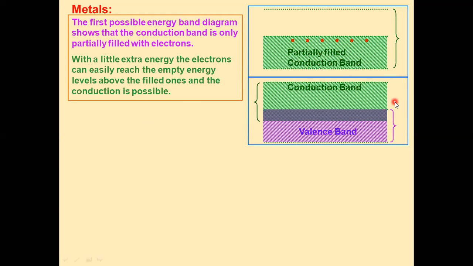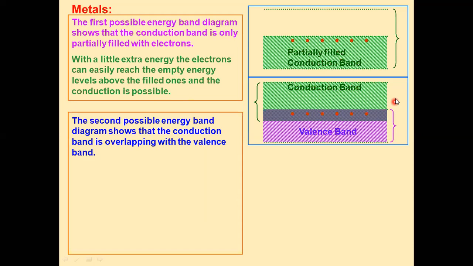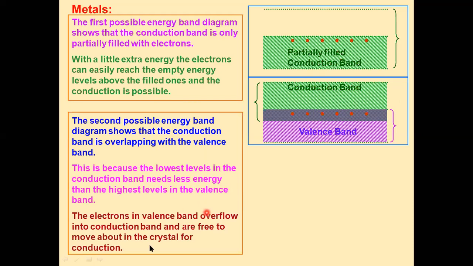In case of the second energy diagram, the valence band and the conduction band overlap on each other. This is because the lowest energy level in the conduction band needs less energy than the highest energy level in the valence band. So the electrons in the valence band overflow into the conduction band, and these are free to move about the crystal for conduction.